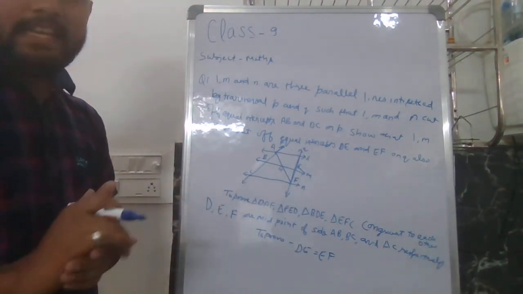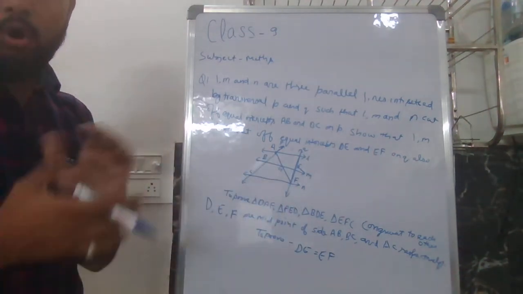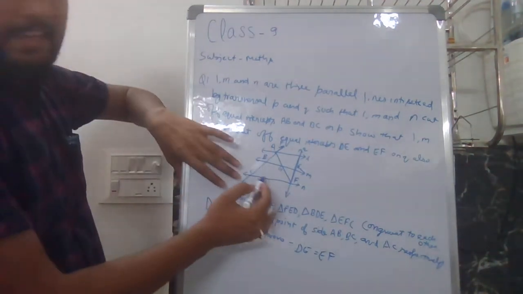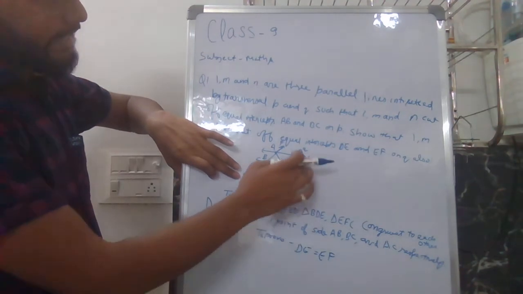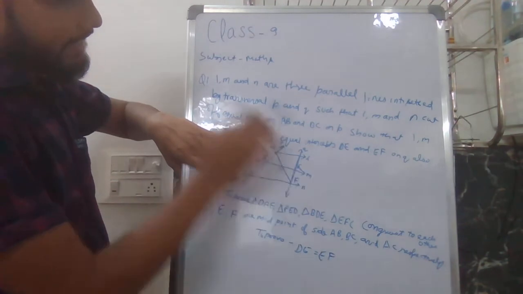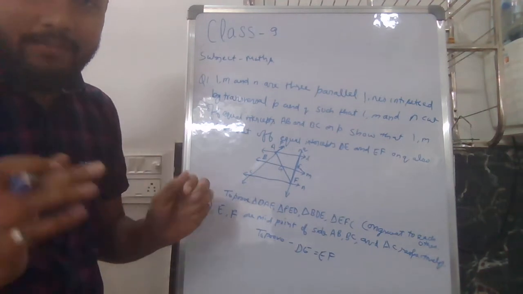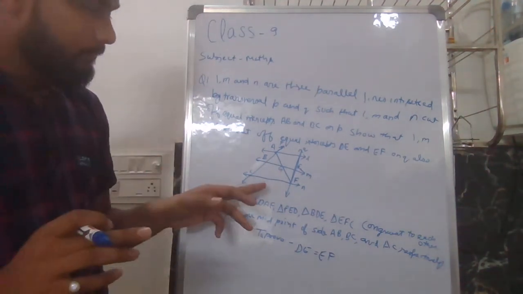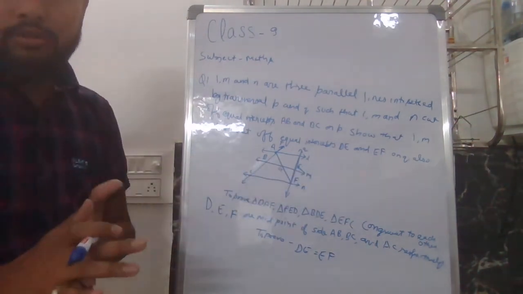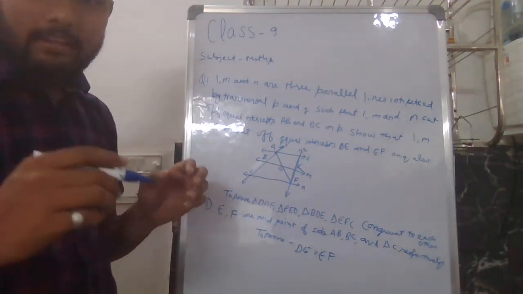For that we can see that this is a trapezium. Trapezium ACFD. We can see that ACFD is divided into two triangles, namely triangle ACF and triangle AFD.